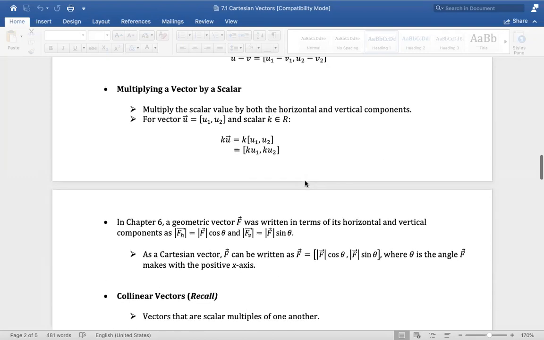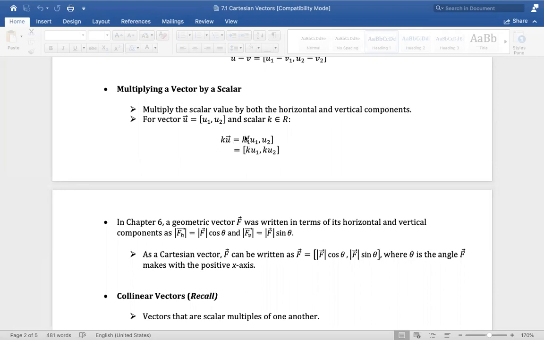And then for multiplying a vector by a scalar, multiply the scalar by both the horizontal and the vertical components. If I have this vector u that has a horizontal and a vertical component, and I have this scalar k, a constant that belongs to the set of real numbers, my vector u can be multiplied by 2, by -6, by a half, by anything, a scalar.